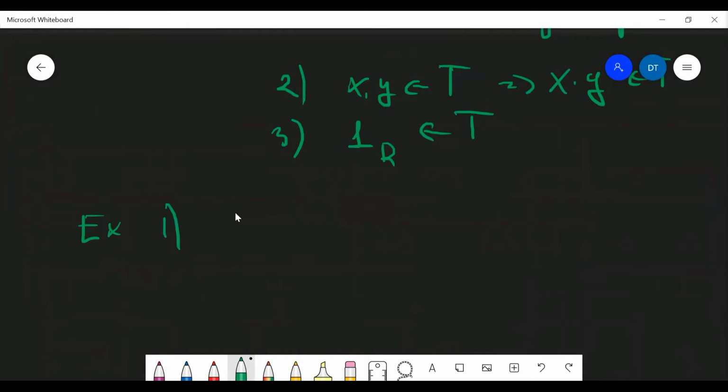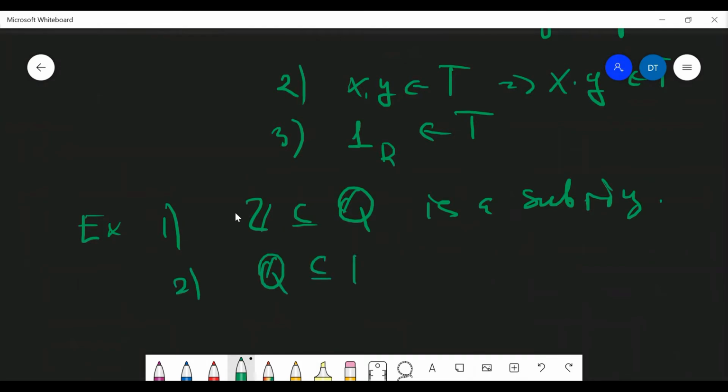In example number 1, if you take the set of integers inside of the set of rational numbers, then this is a subring. If you take the set of rational numbers inside of real numbers, this is a subring.